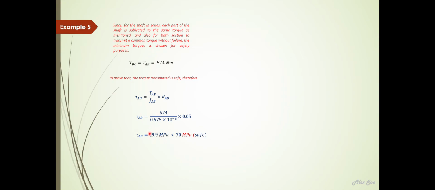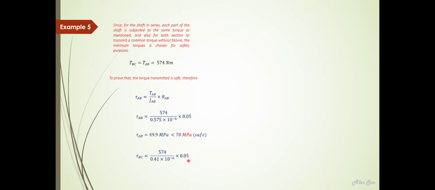You will find that the shear stress for section AB is 49.9 megapascal, which is less than the given maximum shear stress of 70 megapascal. So that means the condition here for section AB by using torque 574 is safe for the design.